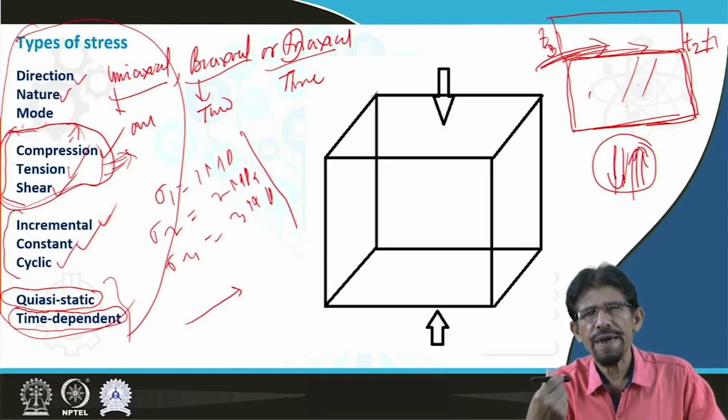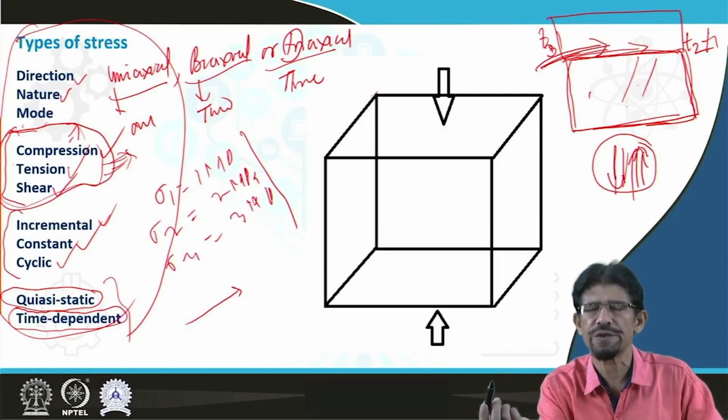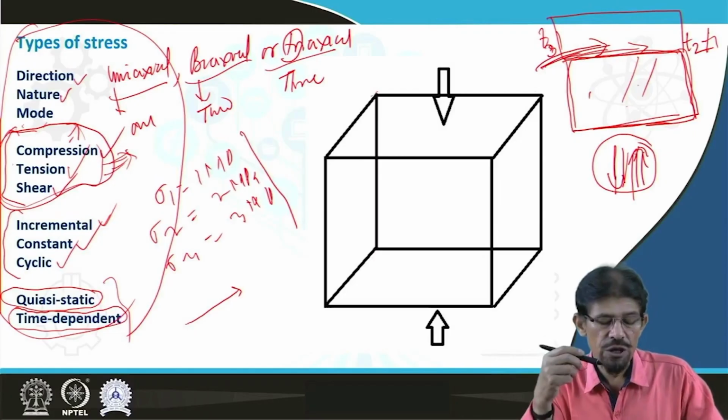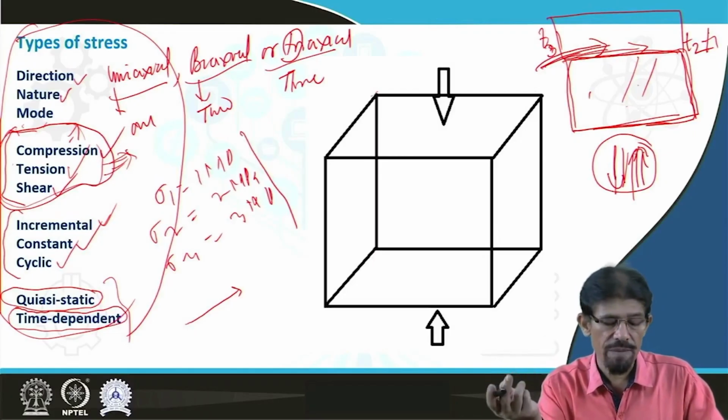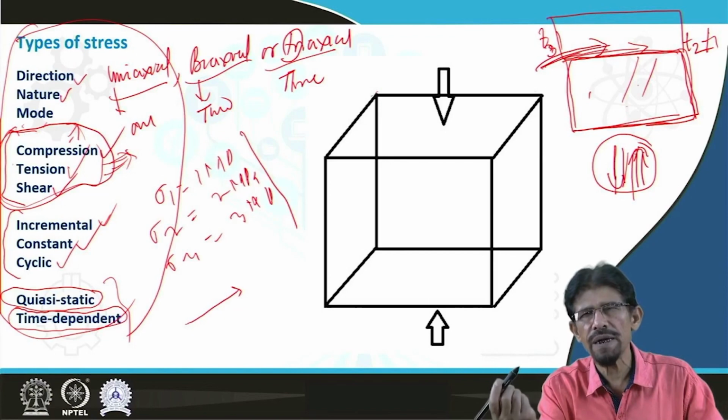Force acting per unit area, and it is a vector quantity in general, but in detail we can say that stress is a tensor. Stress can be divided on the basis of direction of the forces acting into uniaxial, biaxial and triaxial conditions.